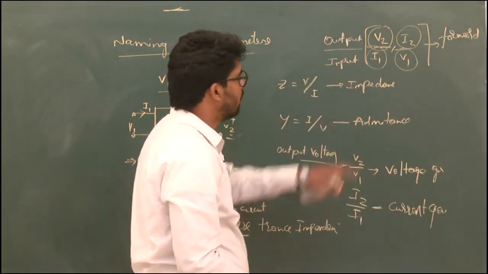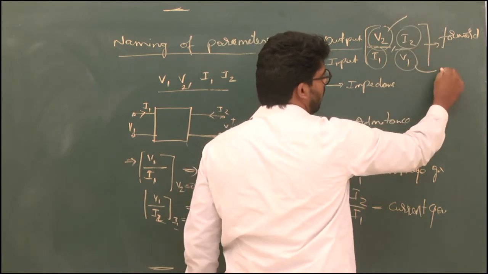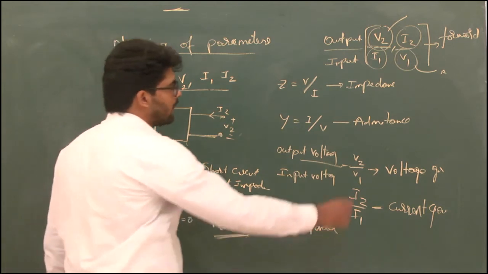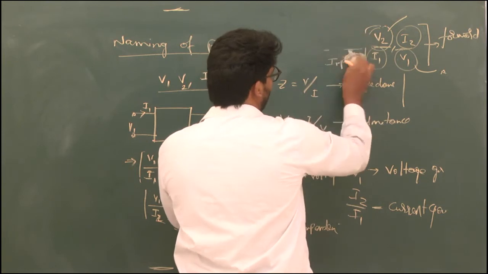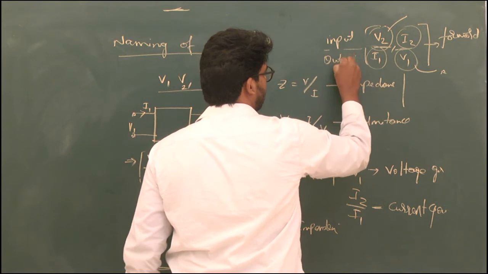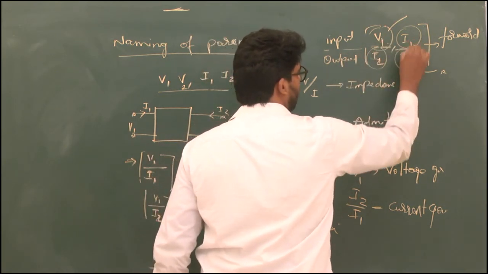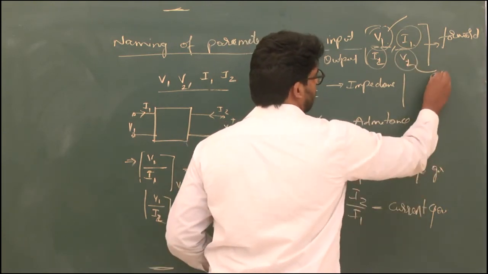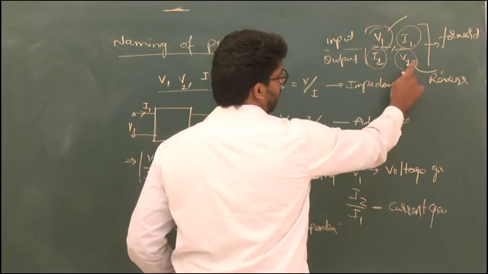This is forward impedance, this is forward admittance. When coming to reverse, if the response is the other way round, that is input by output, V1 by I2 or I1 by V2, then it is called reverse, reverse impedance or reverse admittance.